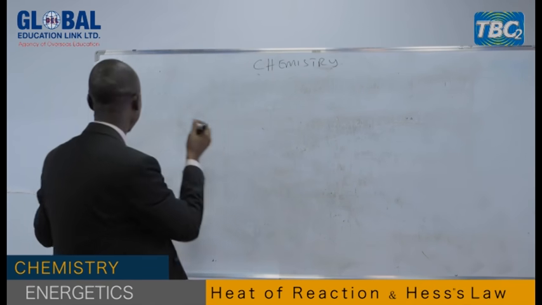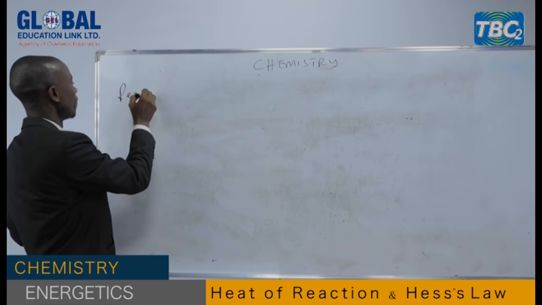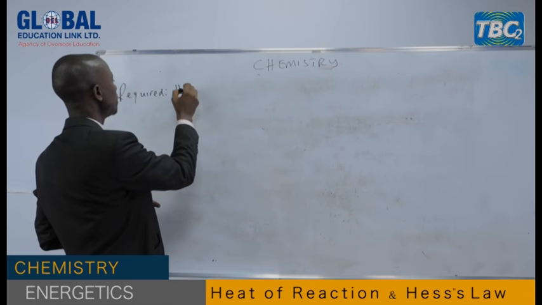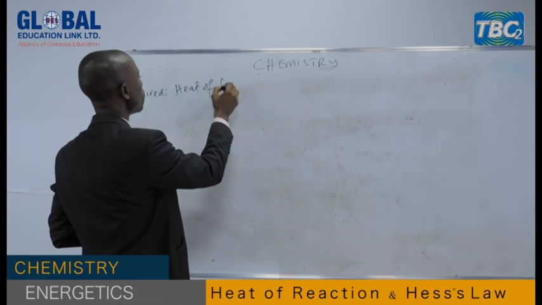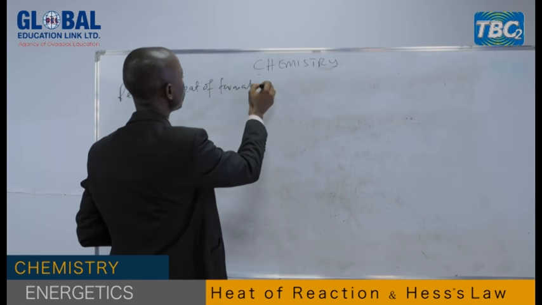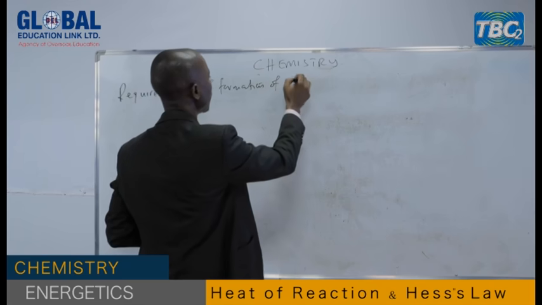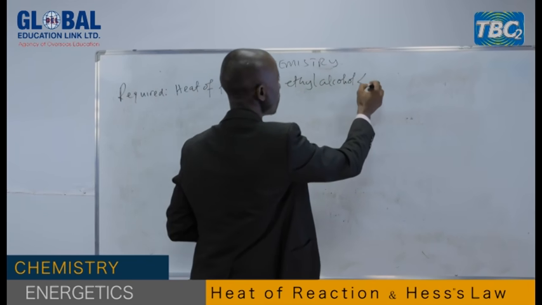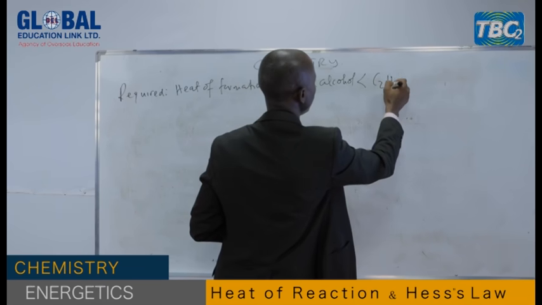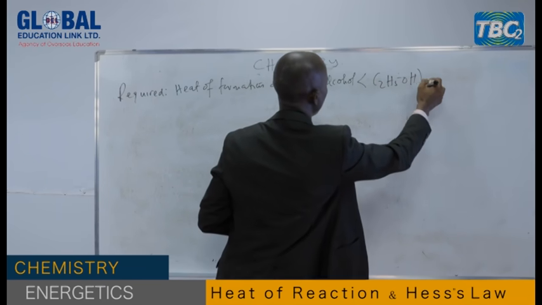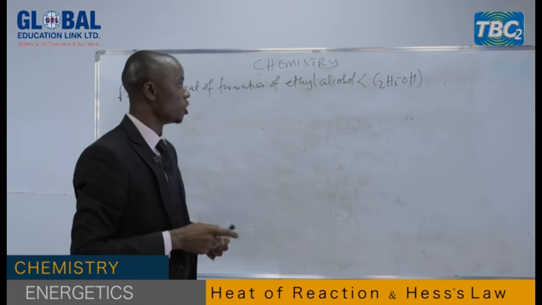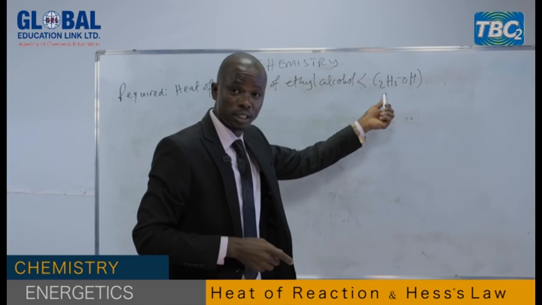So what is required? Heat of formation of ethyl alcohol. Ethyl alcohol, in other words, ethanol, C2H5OH. So this is the compound which is formed.